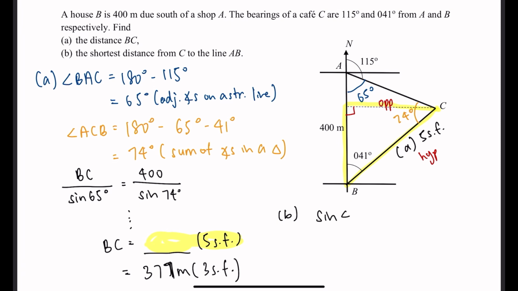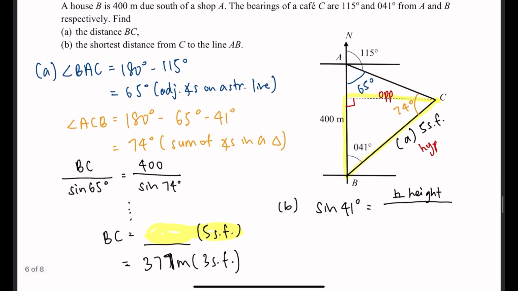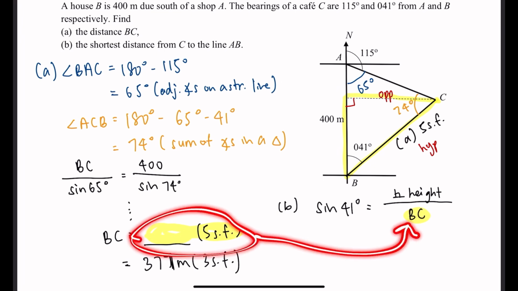So sine 41 degrees equals to the perpendicular height over your 5 SF value of BC. So I'm just going to put BC here. Please help me to substitute on your own. So substitute this 5 SF value into the denominator.